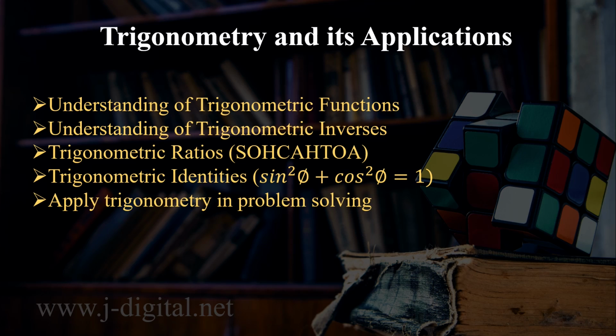Sine is opposite over hypotenuse. Cosine is adjacent over hypotenuse. And tangent is opposite over adjacent. You also need to know identities, which include sine squared theta plus cosine squared theta is equal to 1, and various other ones. You also need to be able to apply these in various problem-solving scenarios.